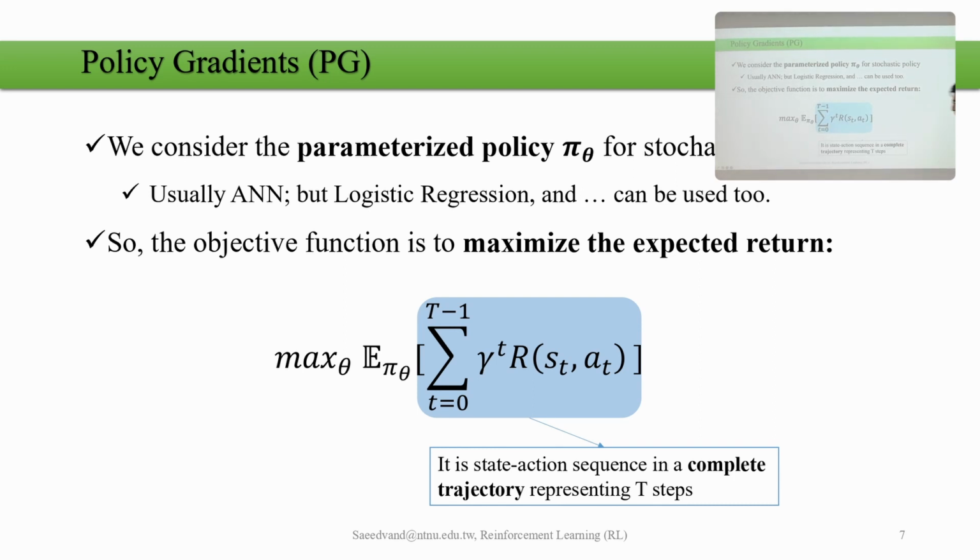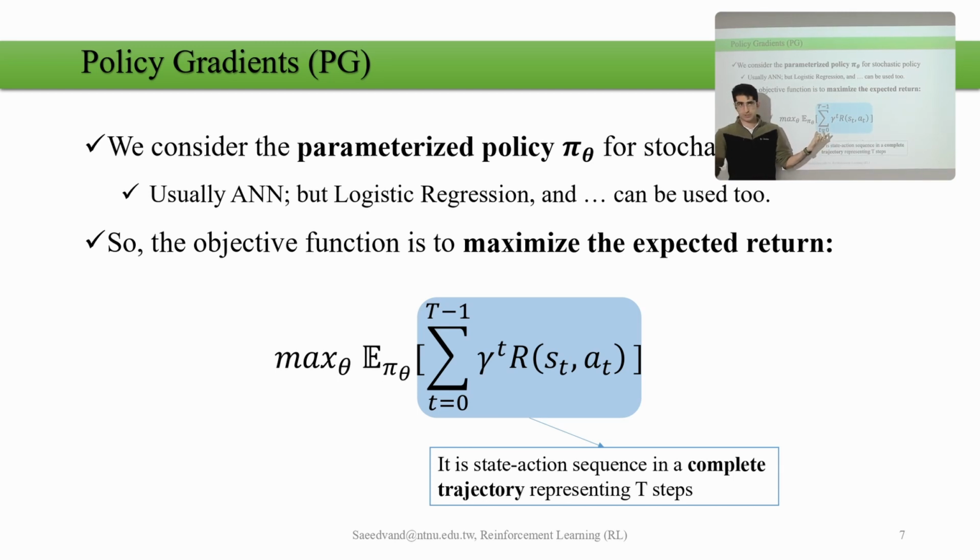We want to maximize over the theta parameters the expected policy, the parameters of the neural network, the parameters of the value function approximation, that contains the sum of the discounted reward over all the trajectory.